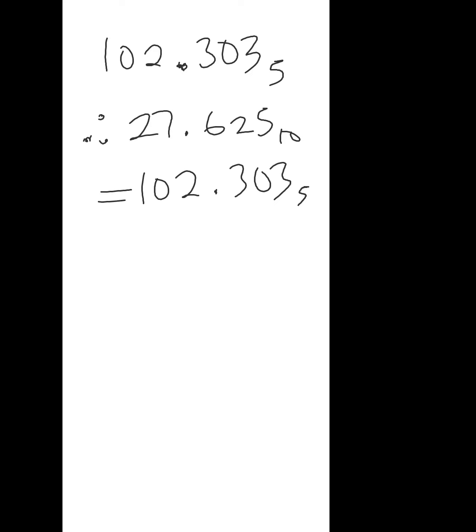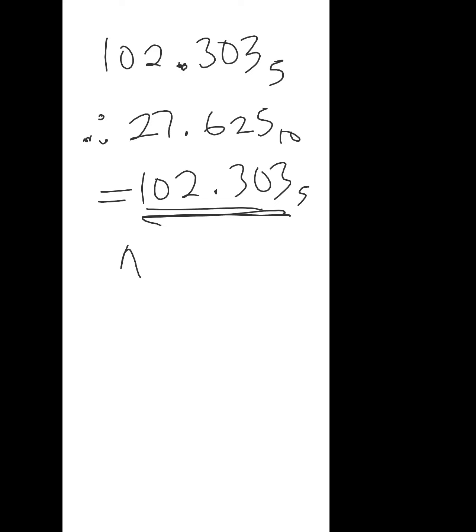So your assignment is, you can now decide to convert 102.303 in base 5 to base 10 using the first method. And then using the second method, go to what we have done earlier, convert that one back to base 2, and let us see whether we are going to have the same answer that we have. So just try both.